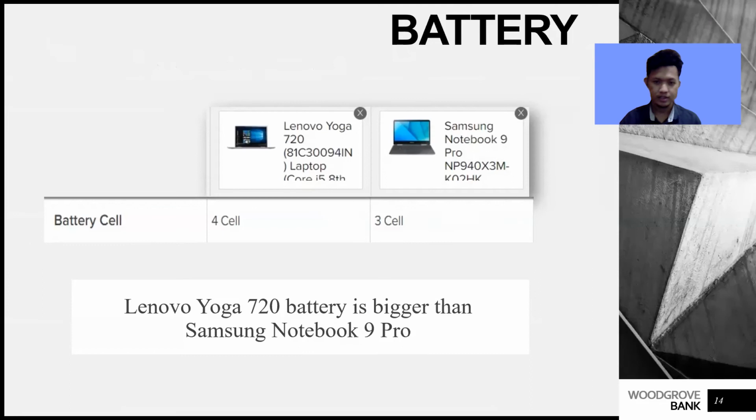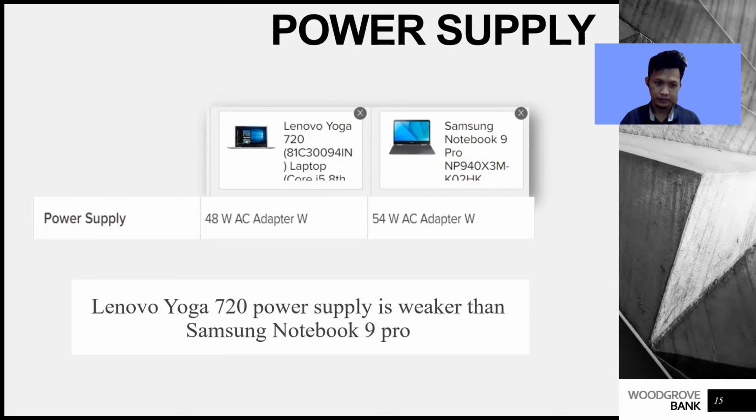And then the next is battery. A battery is power to turn on the device. In this case, the Lenovo Yoga has a 4 cell battery, and Samsung has a 3 cell battery. So Lenovo Yoga 720 battery is bigger than Samsung Notebook 9 Pro. And then the next is power supply.